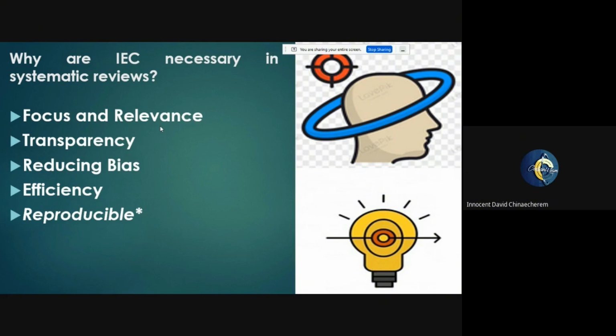And that way your evidence is clearly reported. And also our inclusion and exclusion criteria make it very efficient in the sense that it makes our workflow very easy and smooth. We're able to conduct a very beautiful research and come out with very reliable outcomes because we already have a clear reporting process. And again, it's reproducible, right?